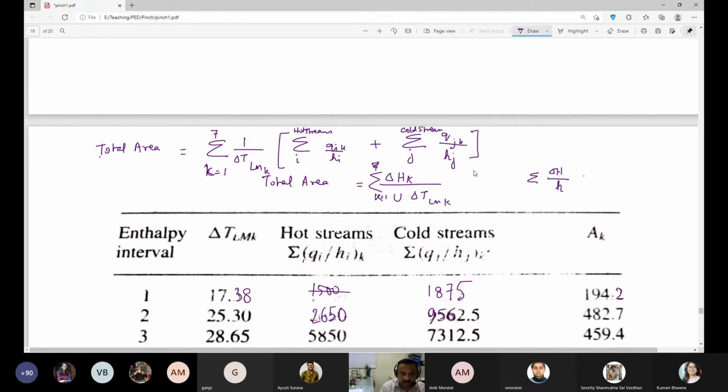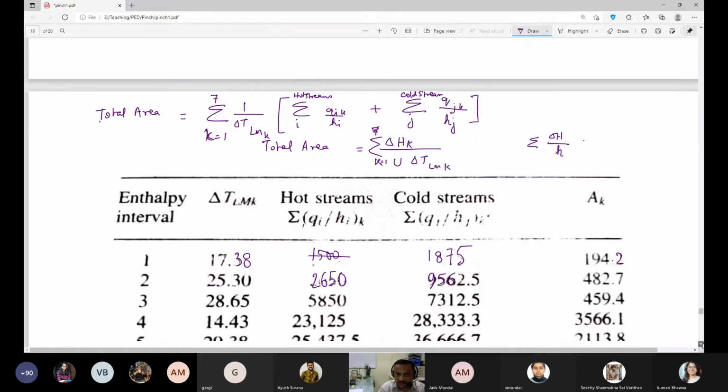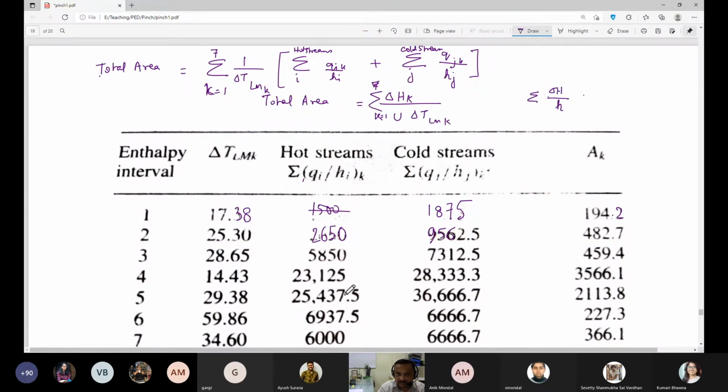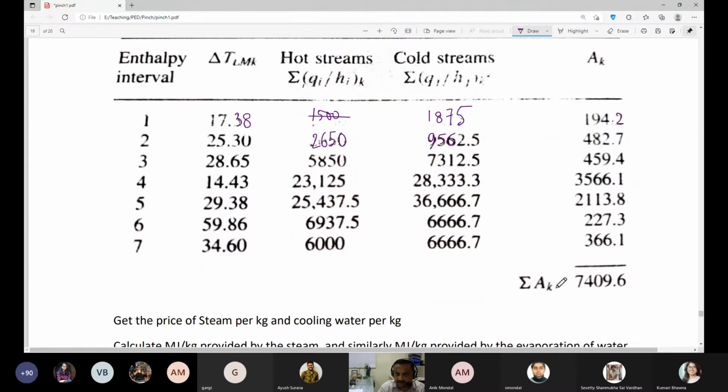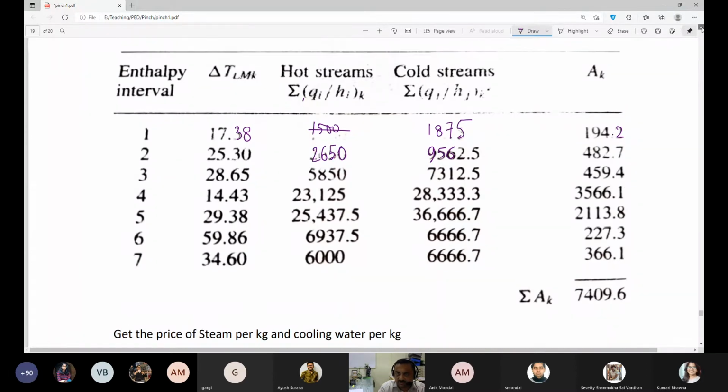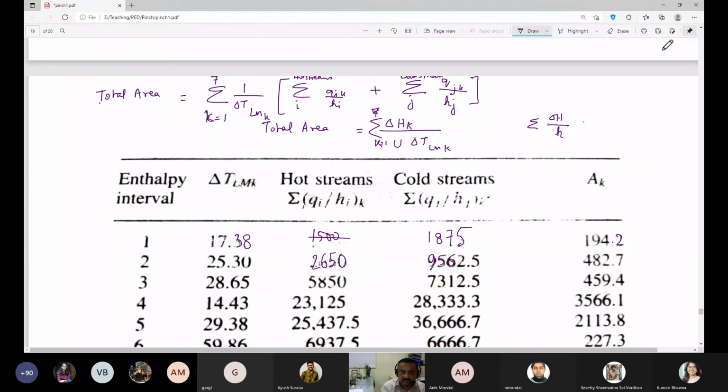Similarly for k equal to 2, because I have to do the sum. So if I do that same exercise and take the sum of all the areas A_k, I get this value. So this value is the total area, which is 7409.6 meter square.